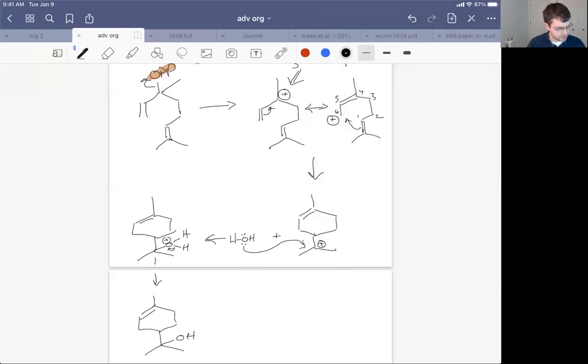So this is an example of a carbocation rearrangement that gives rise to a new ring. And this is fairly common in lipid chemistry, in particular polyisoprene chemistry. These are common to a class of molecules called terpenes, and we'll get to those later.